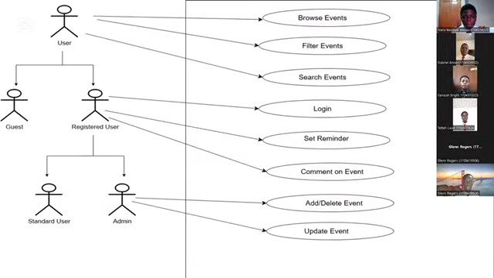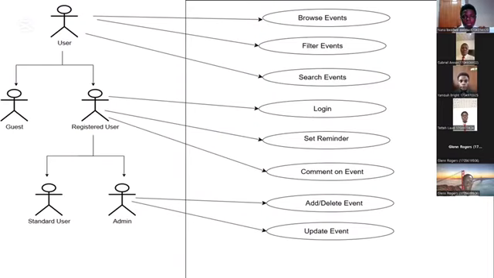Next, it shows us the privileges of each user type: the guests, registered users, in cases like staff and lecturers, depending on the community you are creating the system for, and the admin. With registered users, you can browse through the events, filter events, search, and log in.